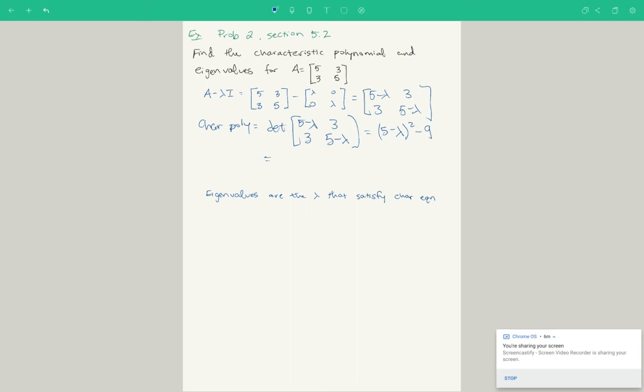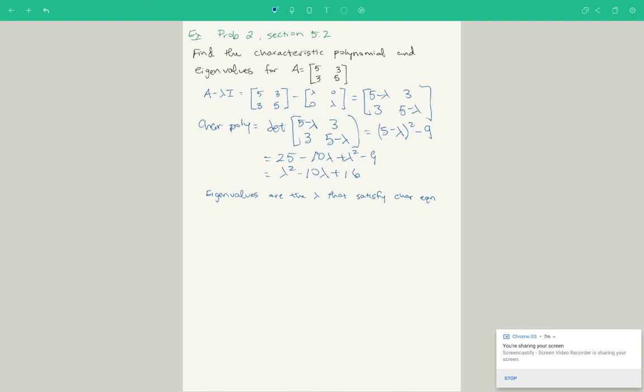And let's go ahead and simplify that down. So this would give us 25 minus 10 lambda plus lambda squared minus 9. So this is lambda squared minus 10 lambda plus 25 minus 9, which is 16.